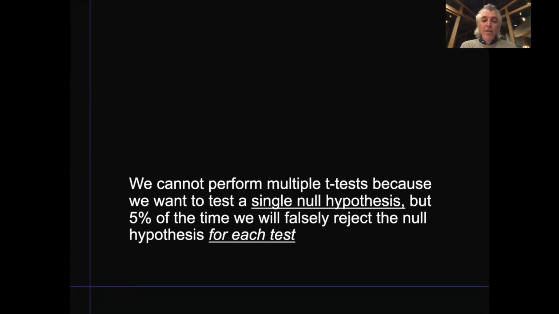But for each of those pairwise tests, 5% of the time we're going to falsely reject the null hypothesis. And as a result, our overall risk across our multiple tests of falsely rejecting the null is going to be much higher than our stated alpha level of, let's say, 0.05.